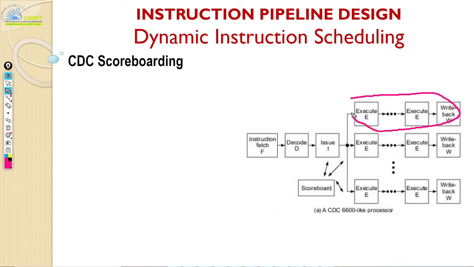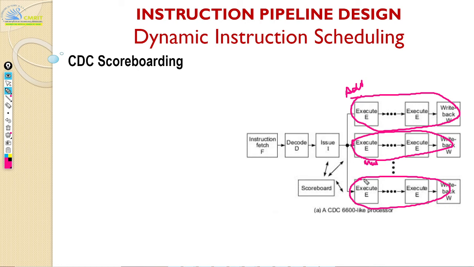One execution pipeline could be for an adder, another could be for a multiplier, and another could be for another unit, or another instance of a multiplier. For every functional unit you have a hardware pipeline. And this scoreboard is a centralized unit that keeps track of who is executing what.